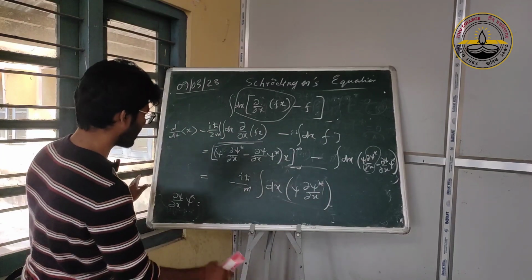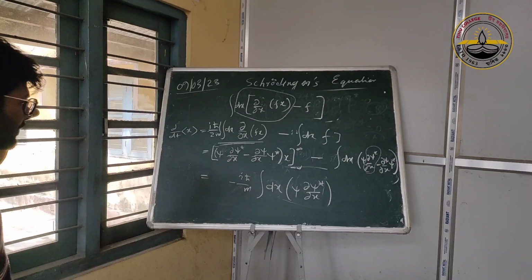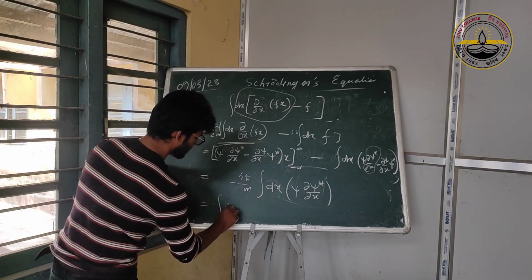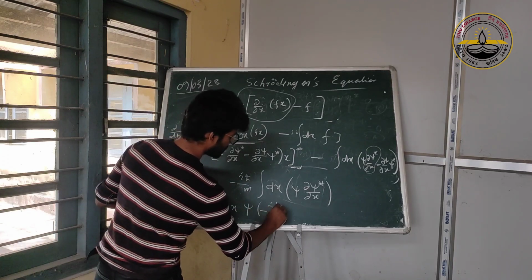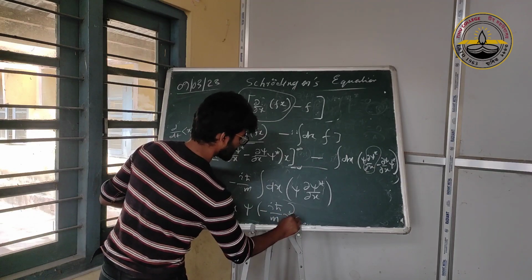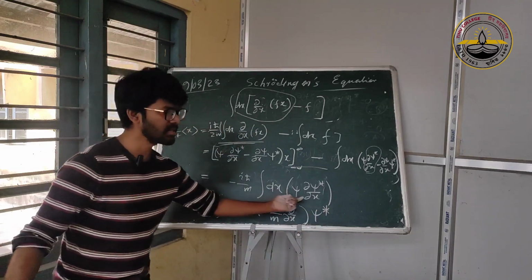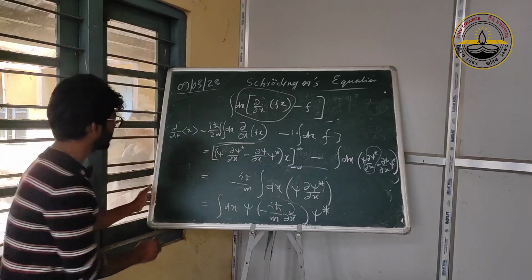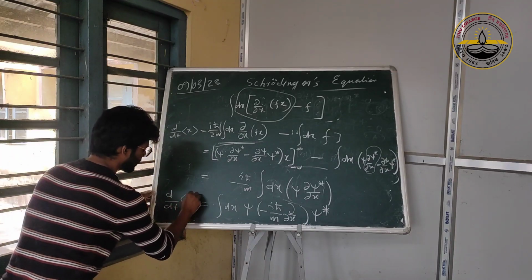Okay, this is where I wanted to reach, and this thing I can write as dx psi i h cross over m del x psi star, right? Can take it inside, del x x on psi star. I can write it like this, d dt of this thing.